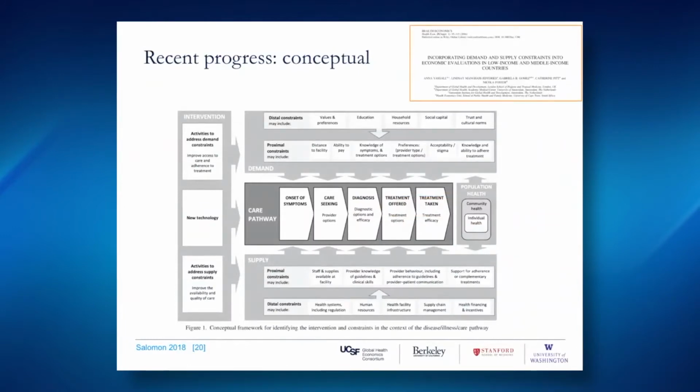Beyond empirical work, I won't say much, but mention and give hats off to some of the conceptual work in this area. This is an example that Anna Vassal and colleagues have been doing, thinking really about this idea of strategies and constraints at supply side and demand side and at distal and proximal levels, and recognizing that sometimes interventions are needed to address these constraints.